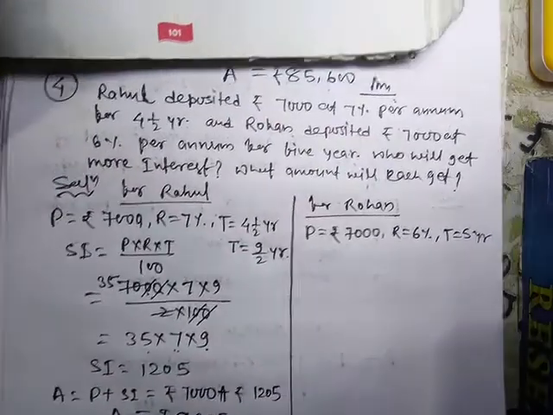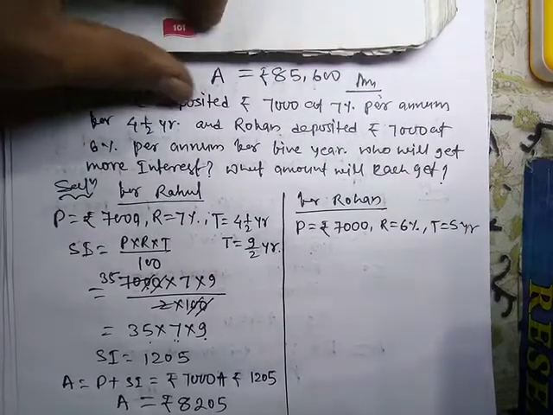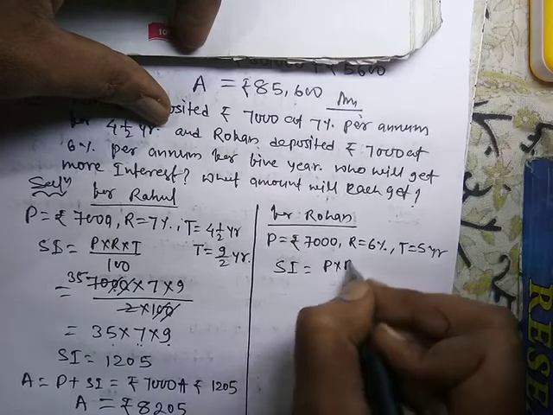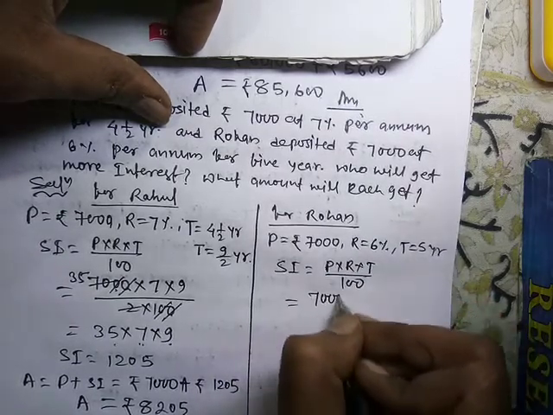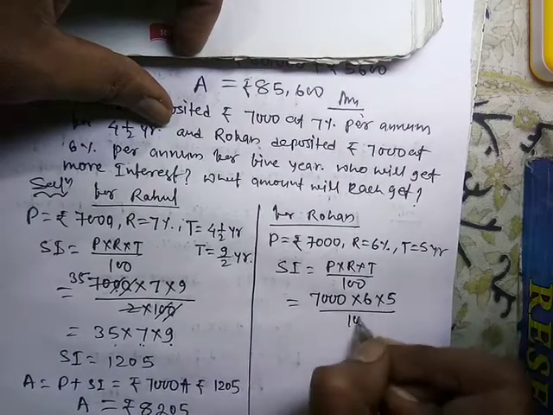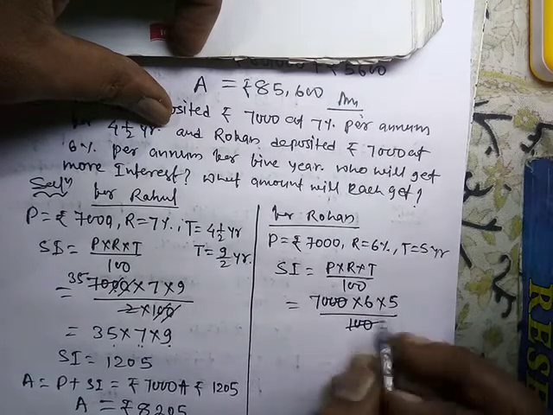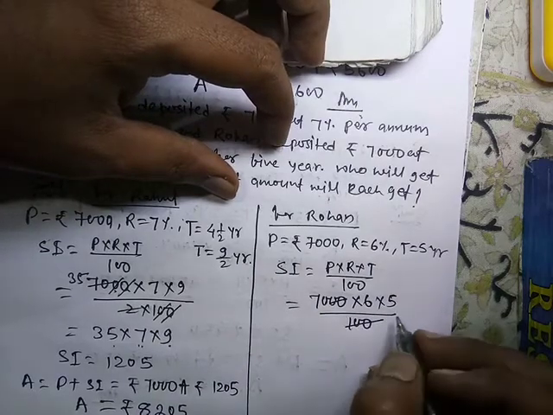Now we calculate simple interest for Rohan. Here SI is equal to P into R into T by 100. Here principal is rupees 7,000, R is 6%, time is 5 years. Cancel 100 with 7,000, 70 times.